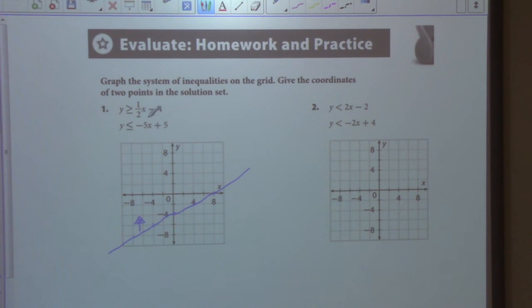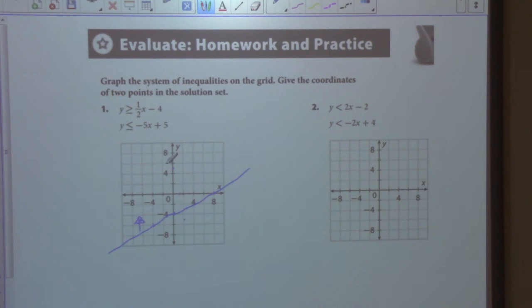The next one we have is y is equal to and less than. Where's our y-intercept here? 5. And our slope is -5, so you can go down 5 over 1, down 5 over 1.